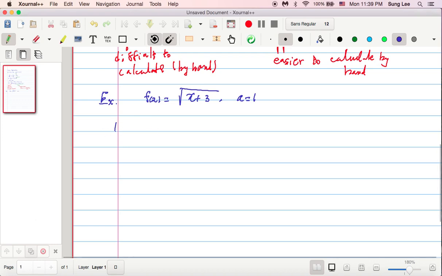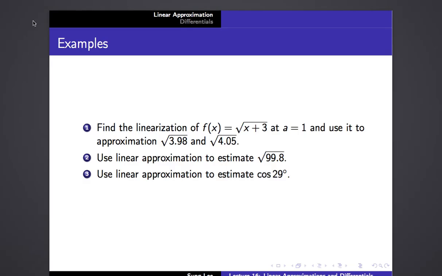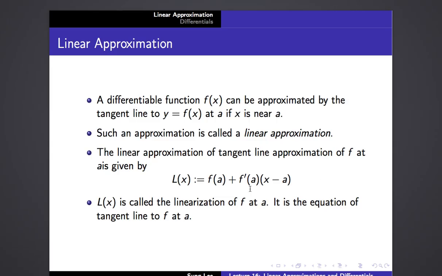So L of x, the linearization, remember the formula: that's f of a plus f prime of a times x minus a. That's the formula, right?